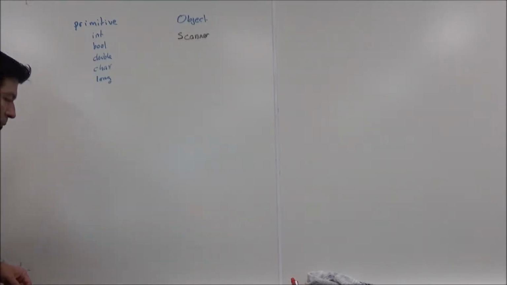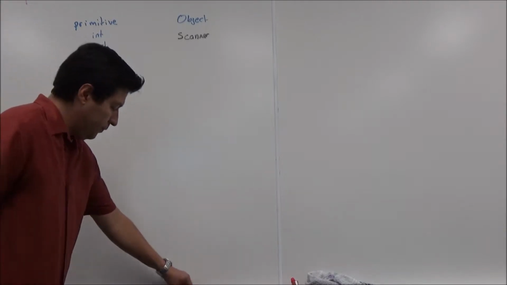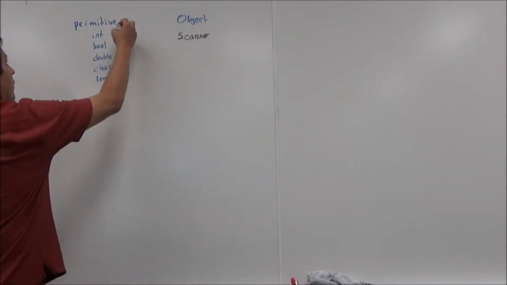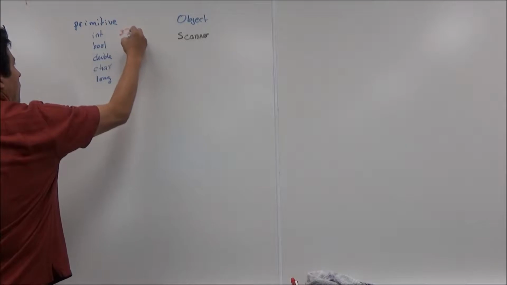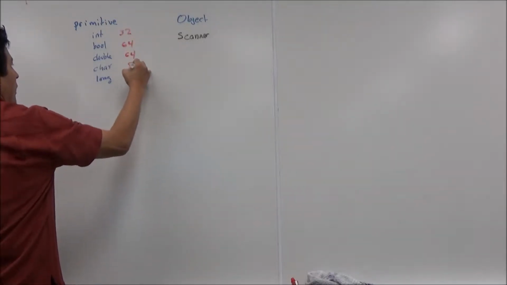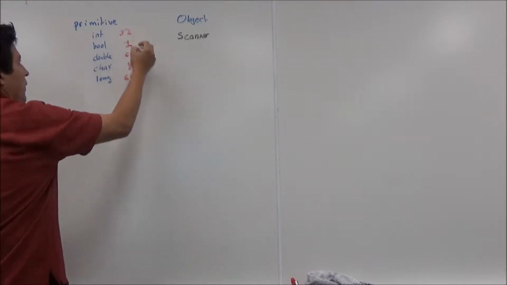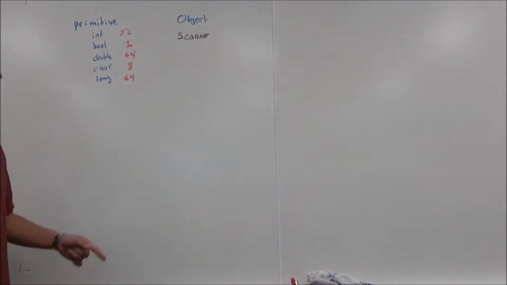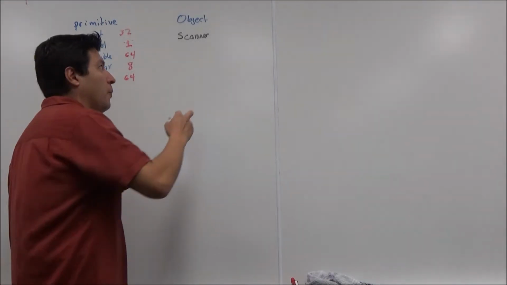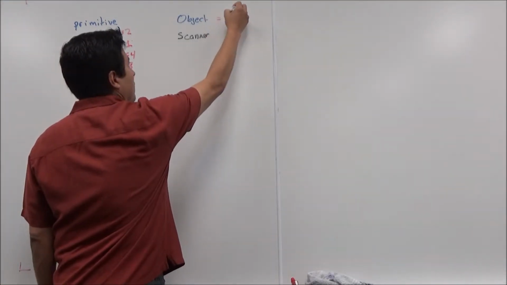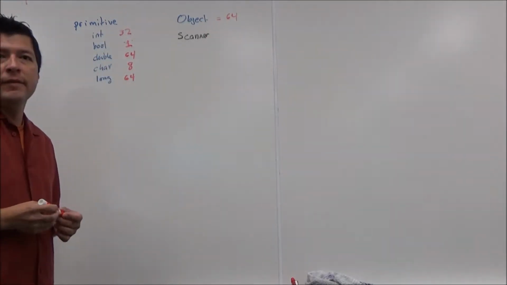So, the operating system allocates 32 bits for this, 64 for this, sorry. And we said in this computer, since it's a 64-bit operating system, all the objects are 64 bits, right?